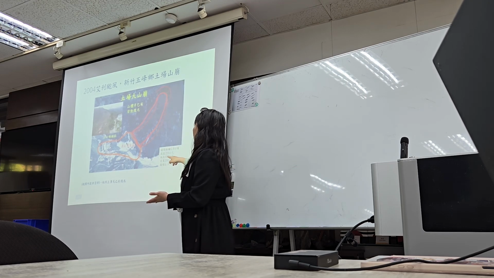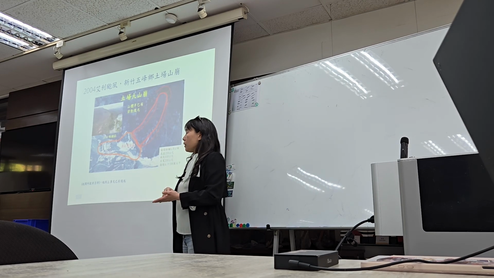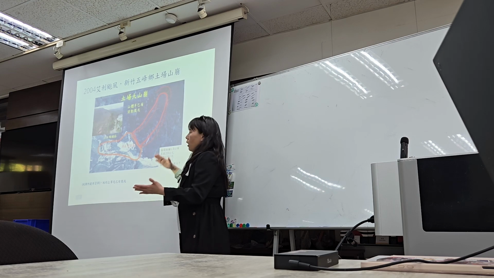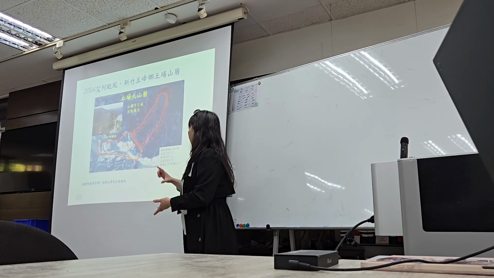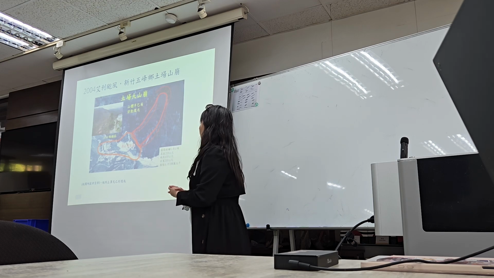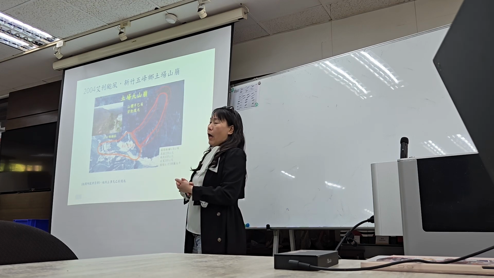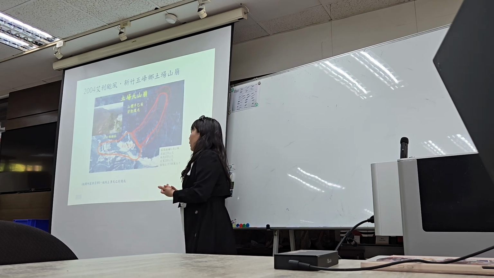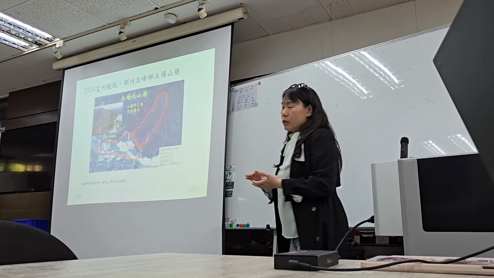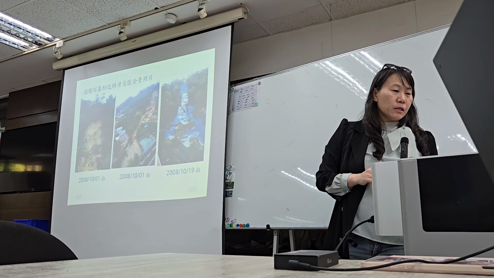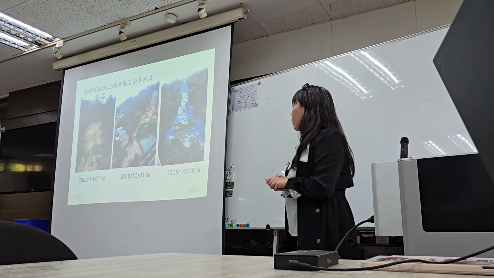The difference in elevation is around 220 meters, the length is about 430 meters, and the depth is about 200 meters. In total, it is more than 10 million square meters for this kind of landslide.